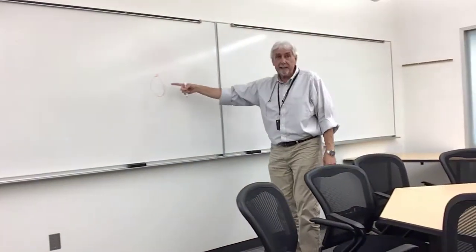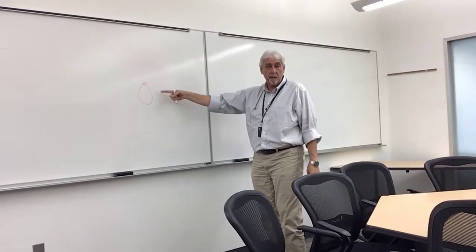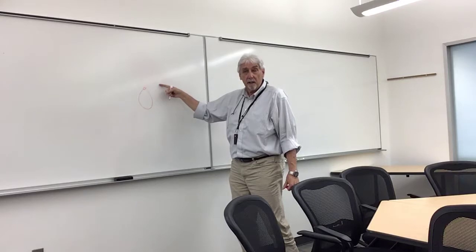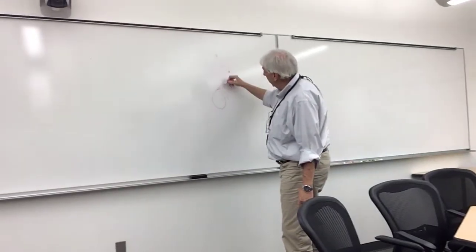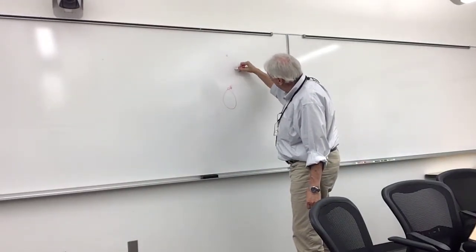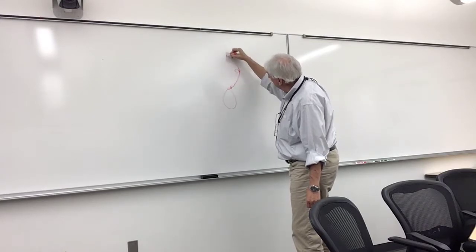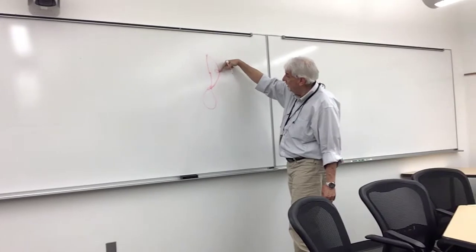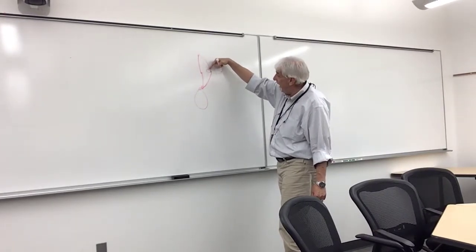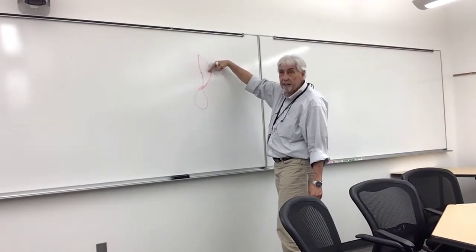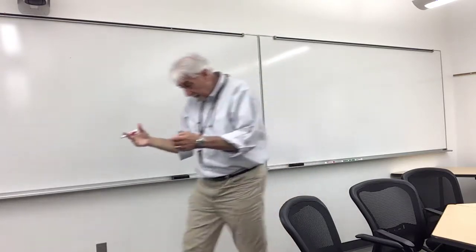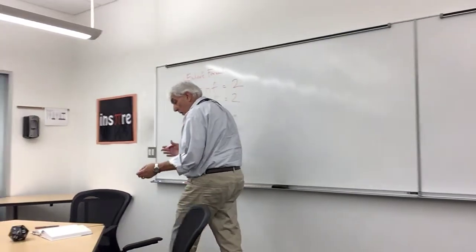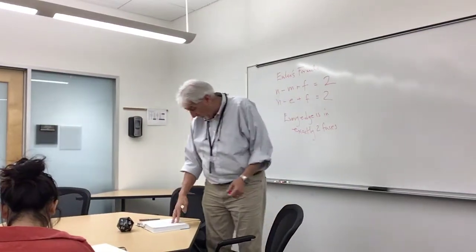Even this edge is in two faces. It's in this face, and it's in this face. It doesn't matter where the loop is. So maybe I have a loop over here. Even though I have a loop here, this edge is contained in this face and this face. So this idea that every edge is in exactly two faces is important for proving Euler's formula.